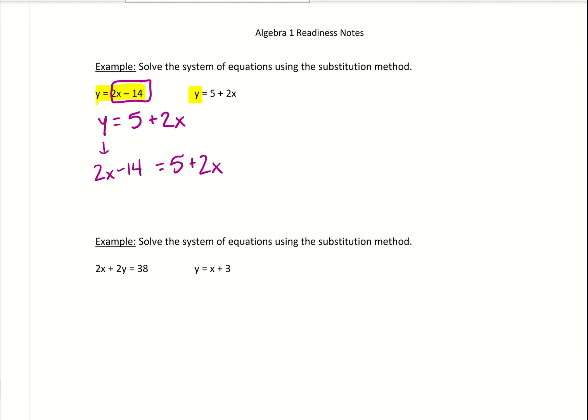So then from here we're just solving a normal multi-step equation. I am going to go ahead and add 14 to both sides.